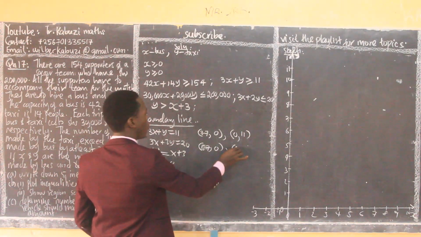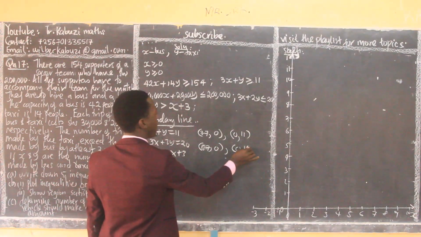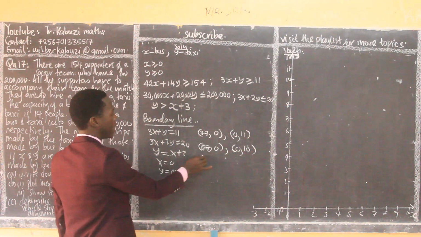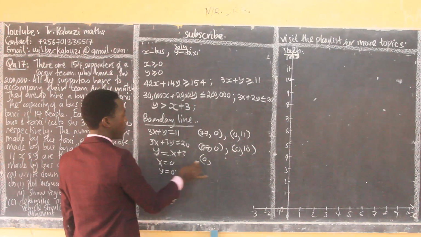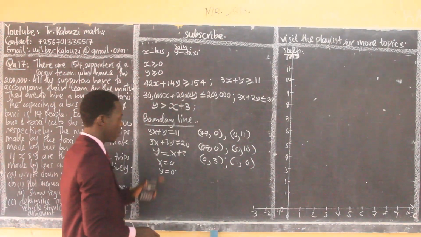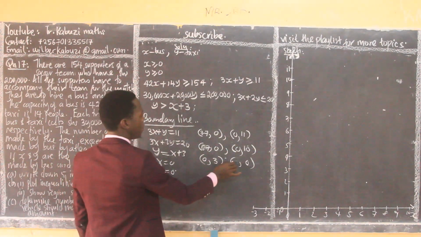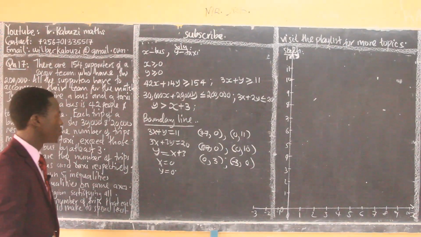Then when X is 0, I have, I think, 10. Then here, when X is 0, Y is 3. And when Y is 0, X is going to be -3. As simple as that. So these ones are obvious to draw.